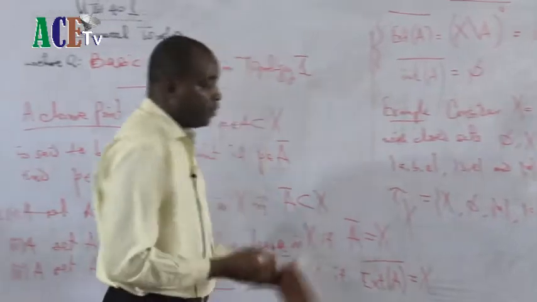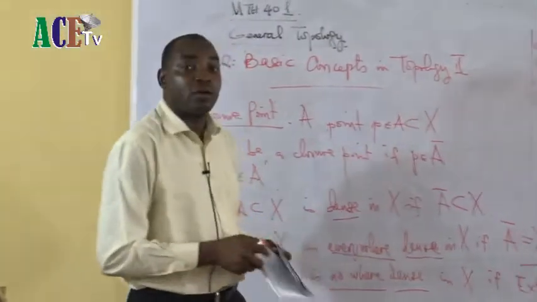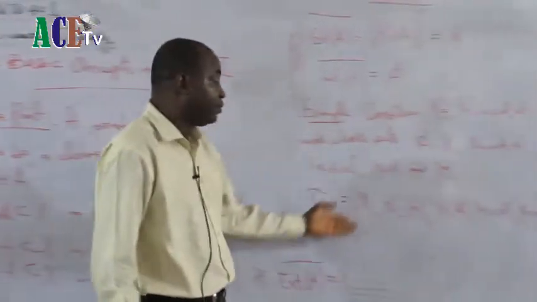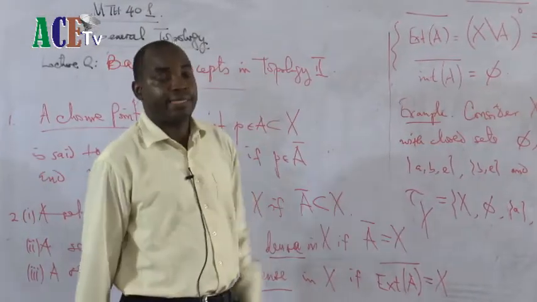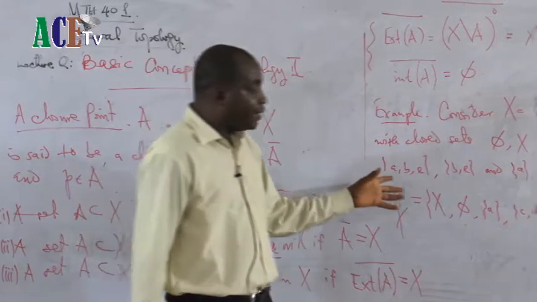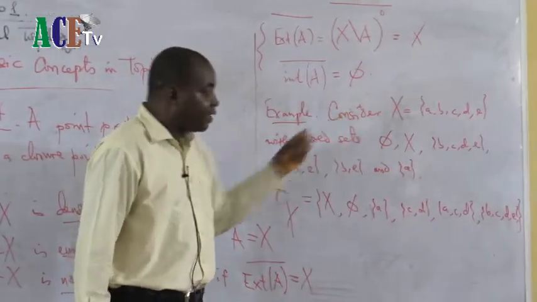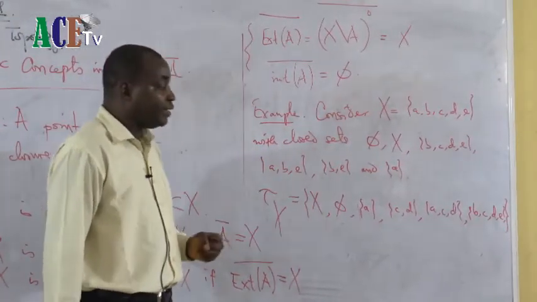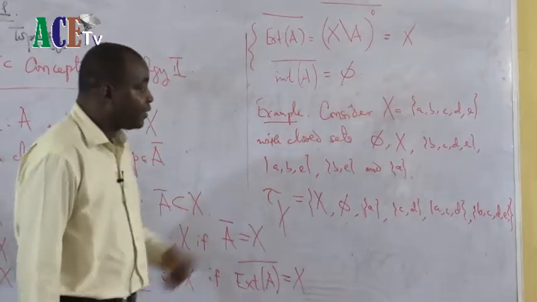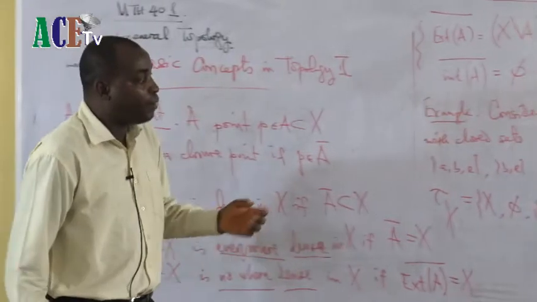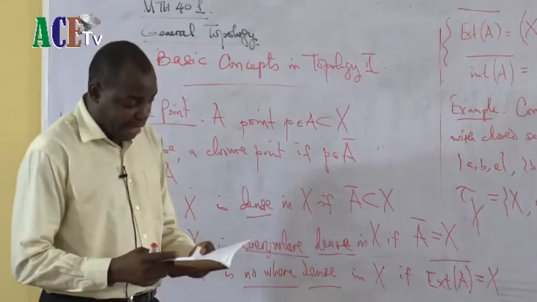So, of course, from the closed sets listed here, you can define the topology on X. From the closed sets you are given, you obtain the open sets which form the topology on X.